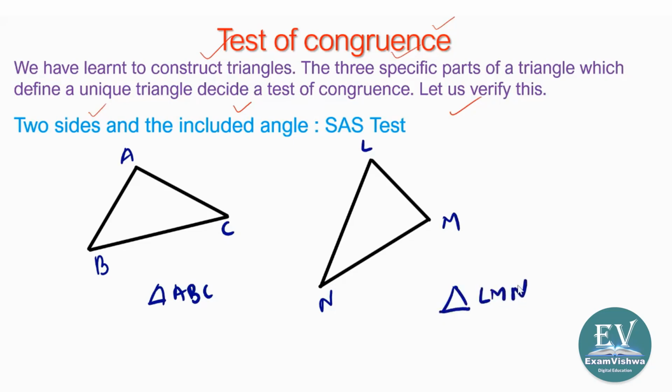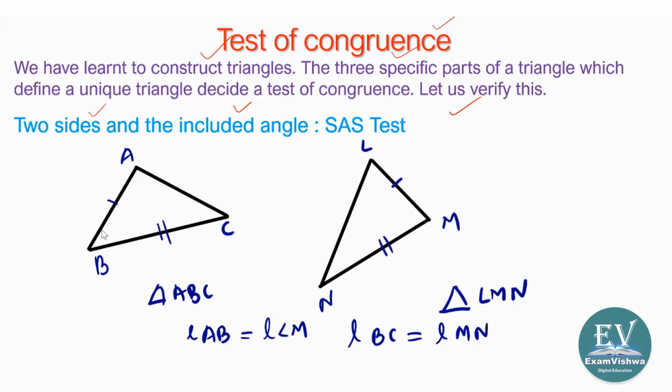From this we should conclude that if the length of AB is equal to the length of LM, you will mark it like this. And if the length of BC is equal to the length of MN, we will mark it like this to say that they are congruent.